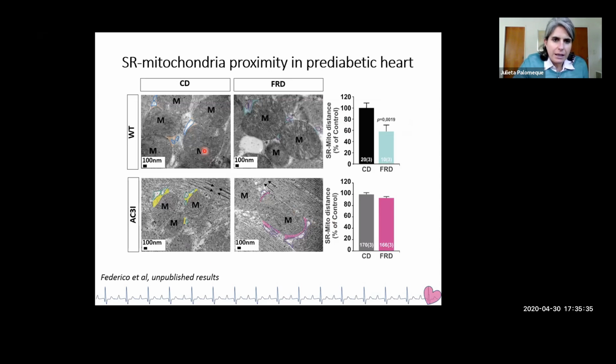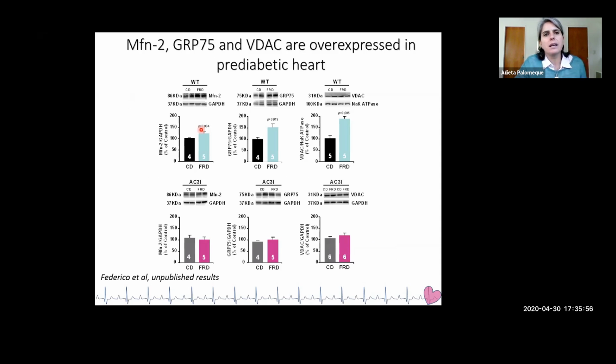Because this space is a very important microdomain where the calcium concentrates and could reach very high levels, and it's very controlled by several proteins. We wanted to examine mitofusin 2, GRP75, and VDAC.